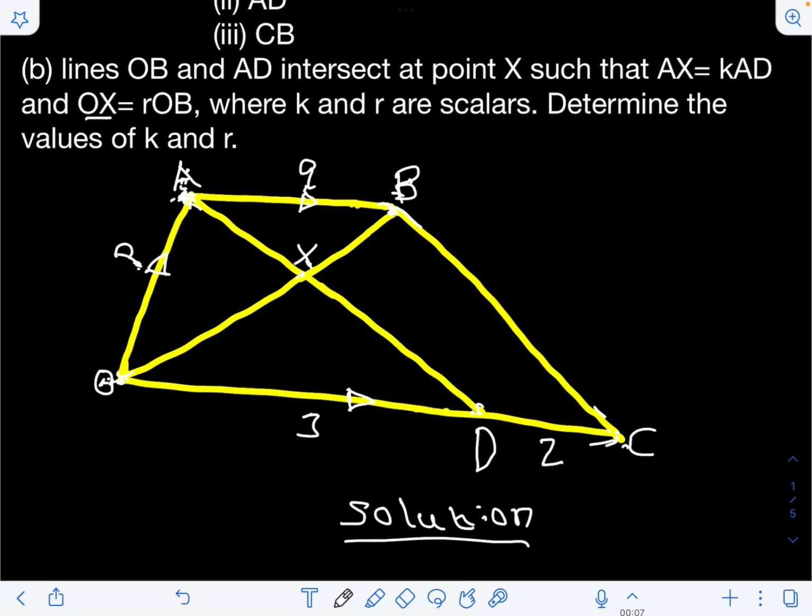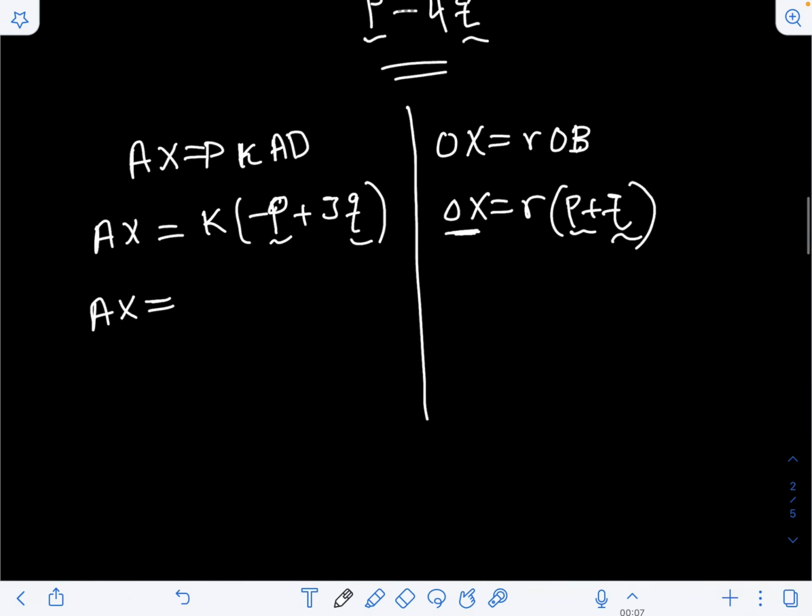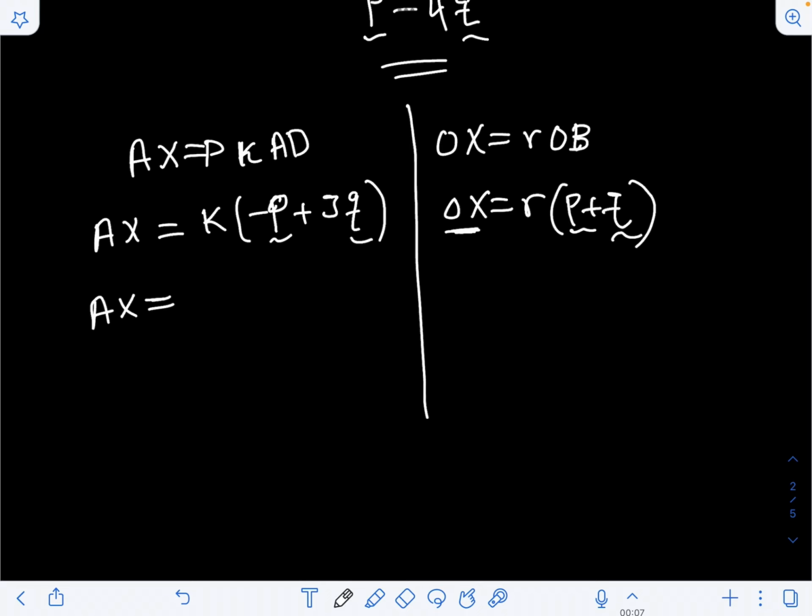We could say AB plus BX, but our condition is we have to pass through OX. So AO plus OX.